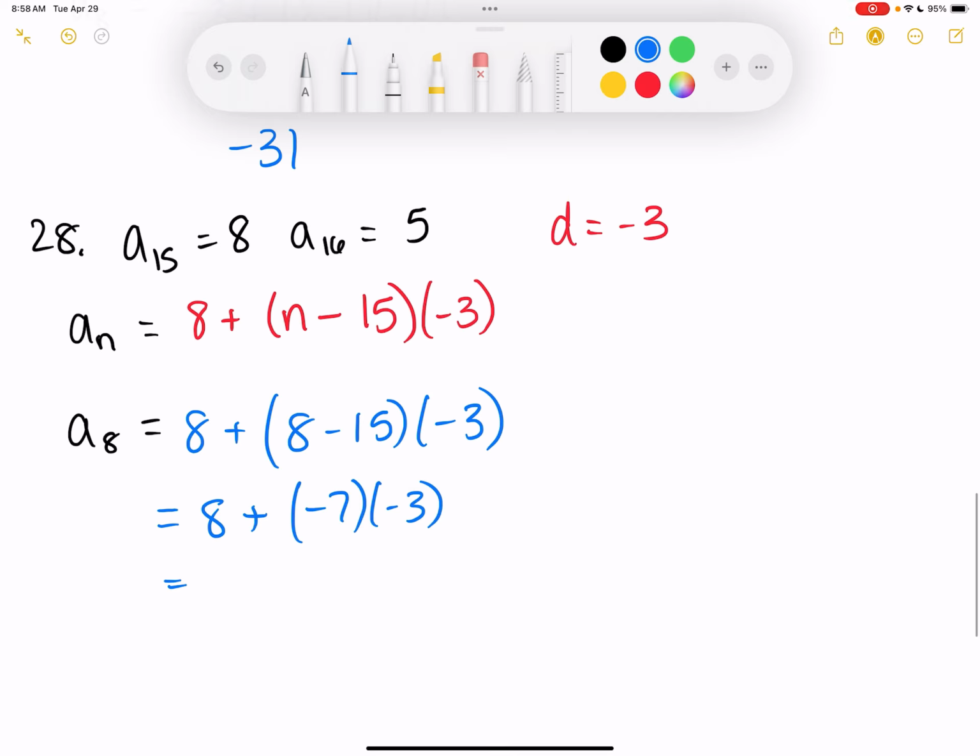So that's 8 plus 21, or 29. So that means that the 8th term was 29. Now, I could get that by adding 3, right, until I get all the way back to the 8th term. But if you're going to do that, I would definitely write out blanks so that you make sure you get to the right thing.